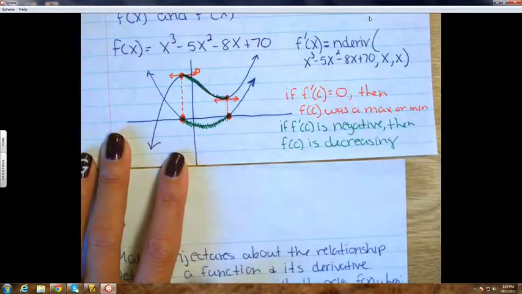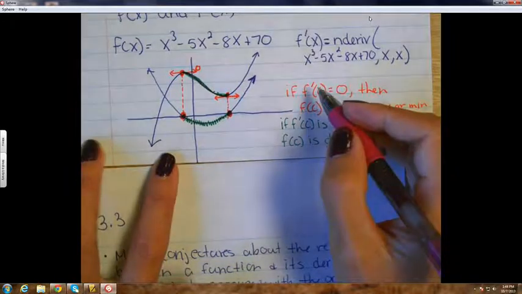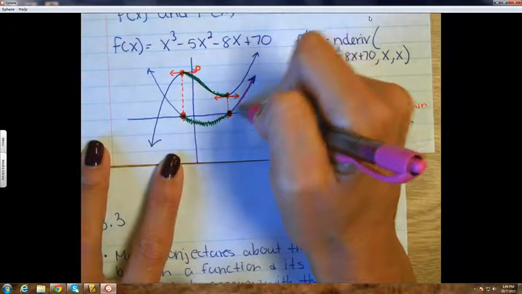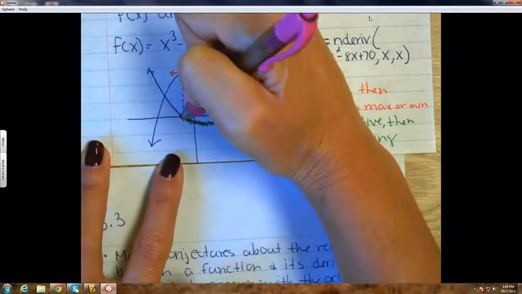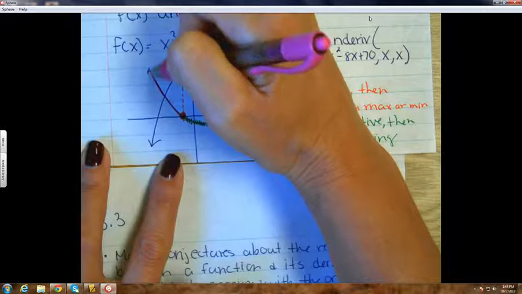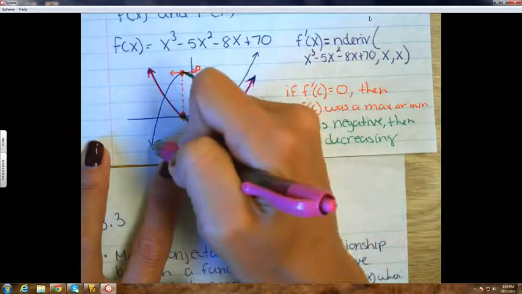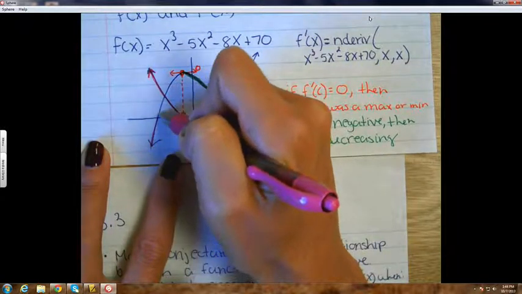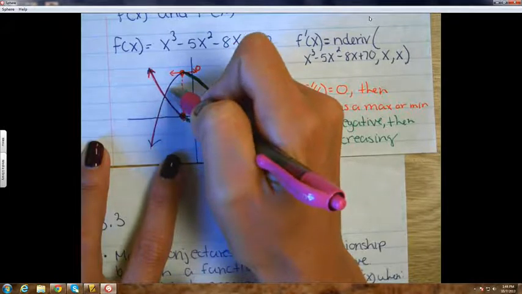So then the last part, what's happening on the original function when the derivative is positive? Well, the derivative is positive here. These are all positive y values, and the derivative is positive here. So what's happening as we always read from left to right, what's happening on the original function here? All of those function values are increasing all the way through here.